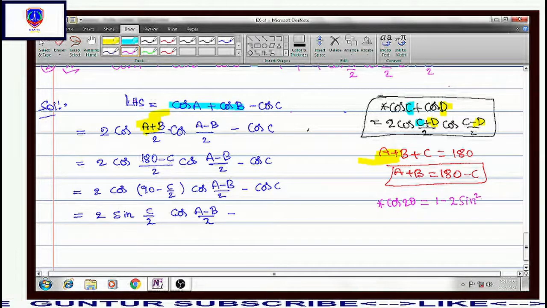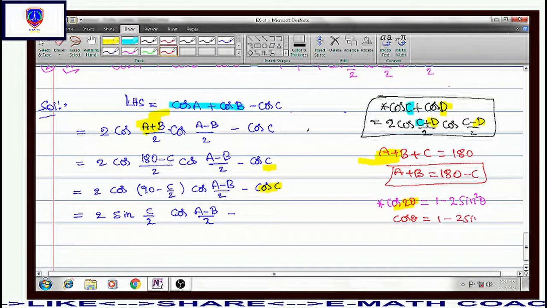But in this situation, it is only cos C, so replace 2 theta with theta. So now we have cos theta equal to 1 minus 2 sine square theta by 2.